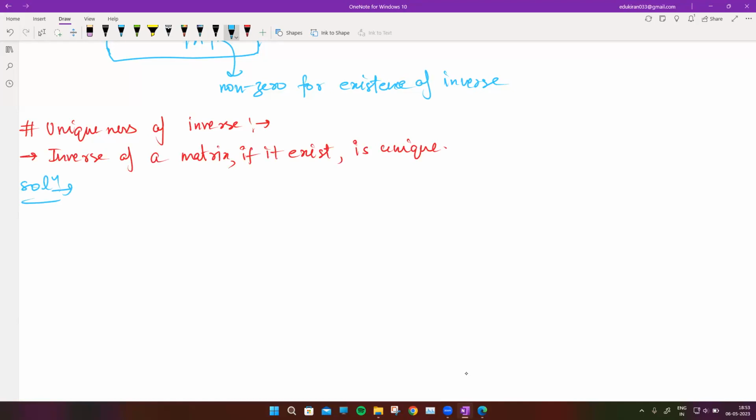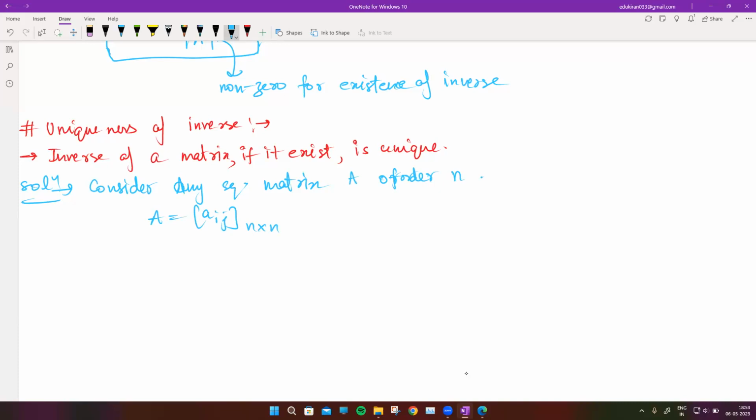What we are saying is, consider any square matrix A, and let's say the order of this matrix is n. So A is our matrix, whose order is n cross n. It is a square matrix, so the order n means n cross n.